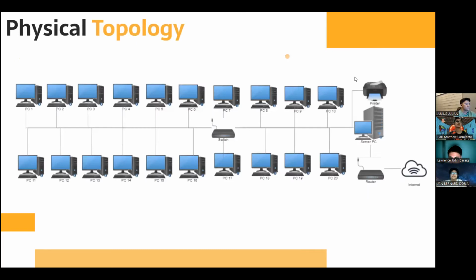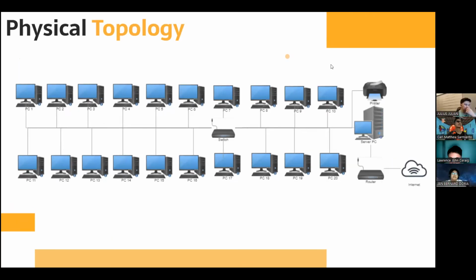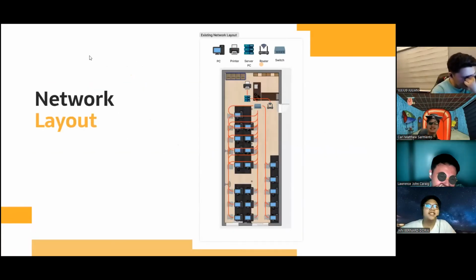For their physical topology, they are using a star topology, which connects all the computers in a single hub and makes them all available in one network, allowing them to communicate with one another. So next is the network layout.